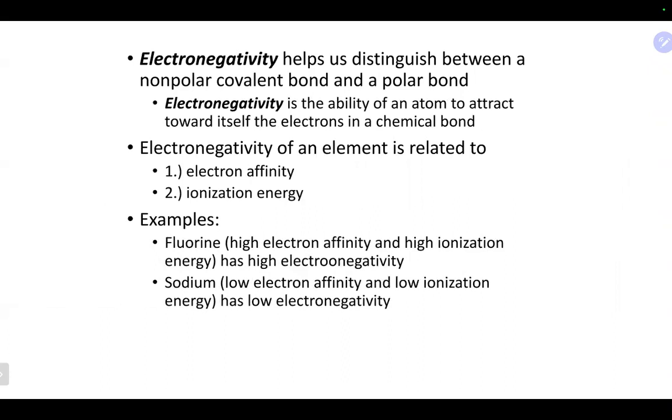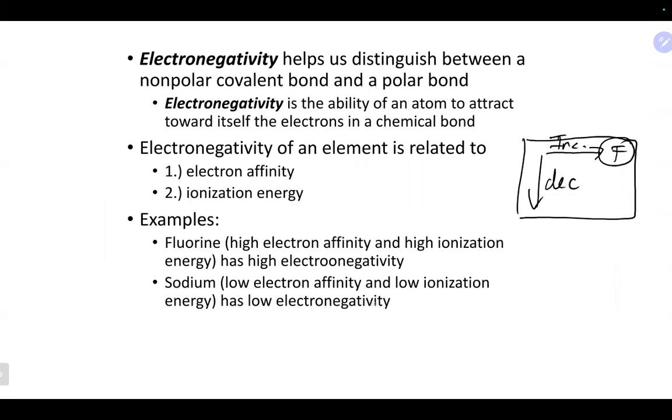It's related to electron affinity and ionization energy. Once again, it increases this way, with fluorine being the most, and decreases this way as well. So fluorine has high electron affinity, high ionization energy, and high electronegativity.